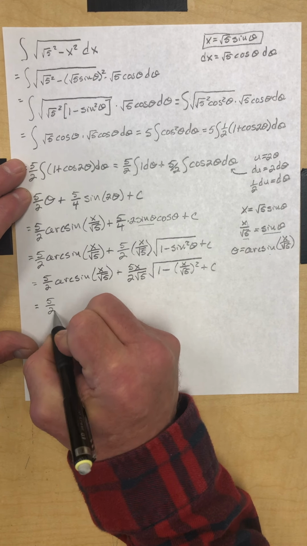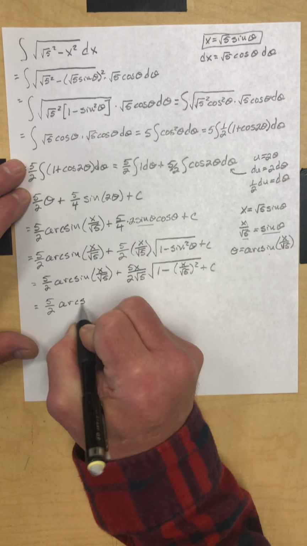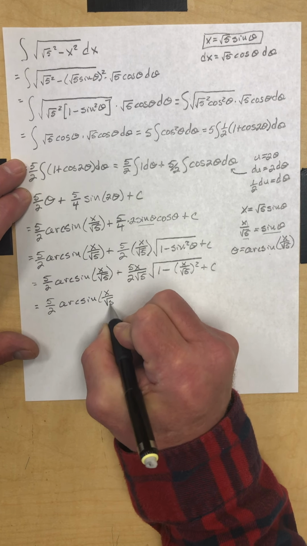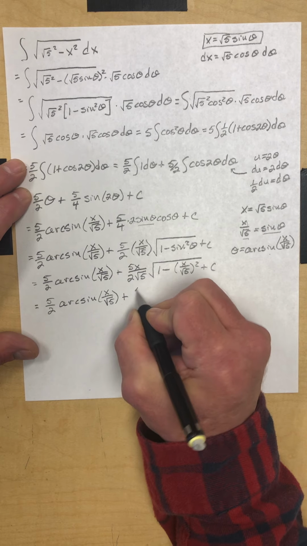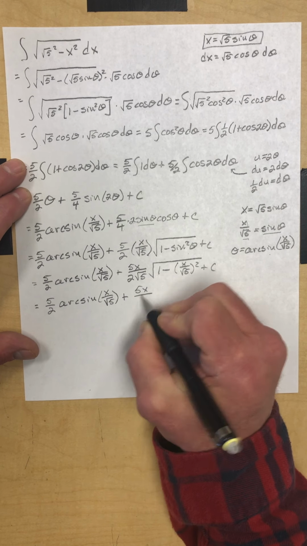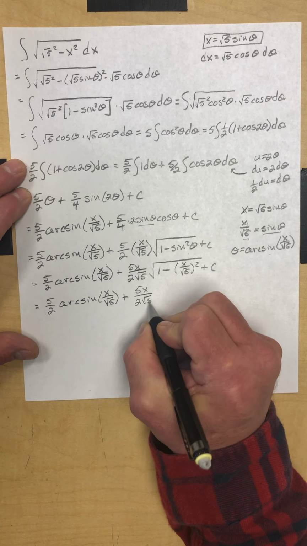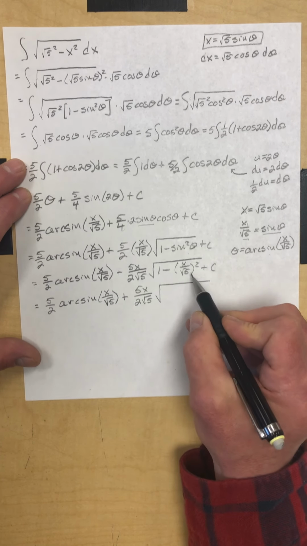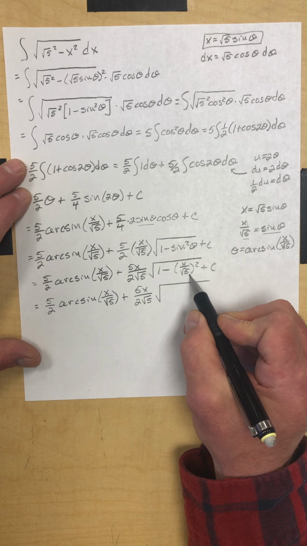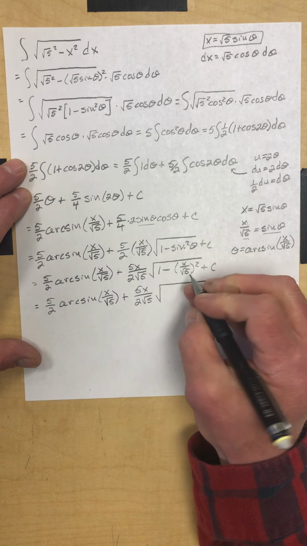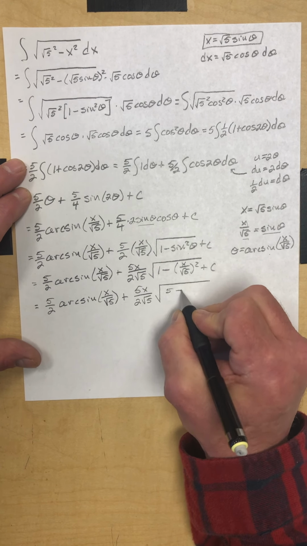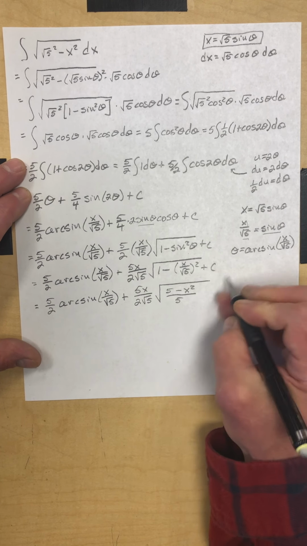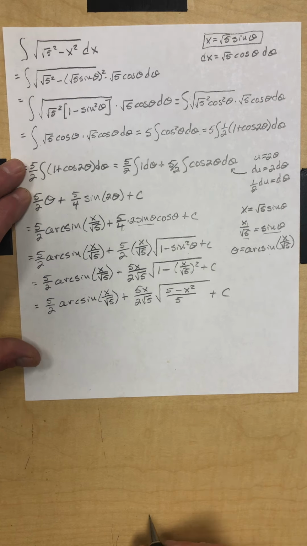So 5 halves arc sine of x over radical 5 plus 5x all over 2 radical 5 times the square root of, this guy would be x squared over 5, so this would be 5 over 5. So we're going to get 5 minus x squared all over 5 plus c.